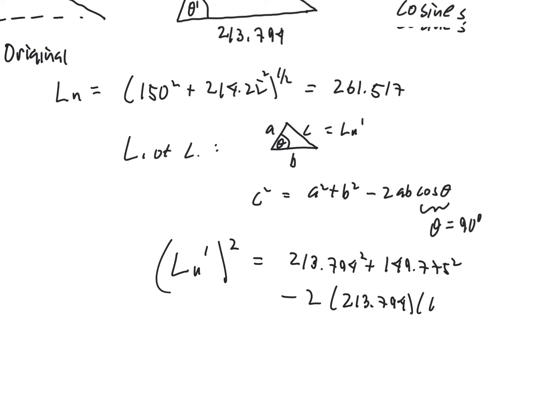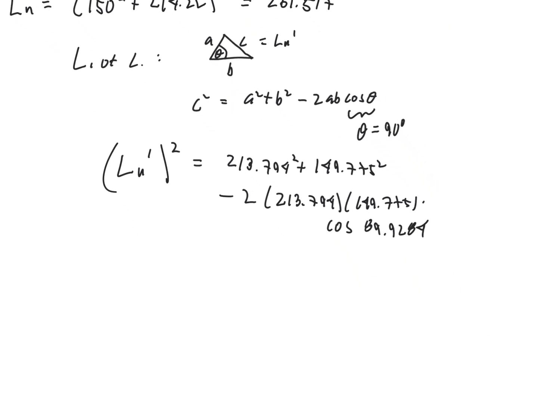That's A, the B is 149.775 times, I have to continue this on, times the cosine of that new angle, which is 89.9284. And make sure your calculator button, watch it. So set your calculator button to degrees for this particular case. And we find that L sub n prime, if we do this analysis, is 260.8839.